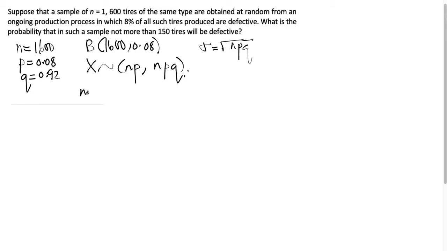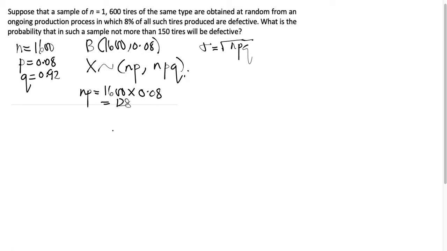First of all, let's find np. np equals 1600 multiplied by 0.08, and use your calculator. What is 128?